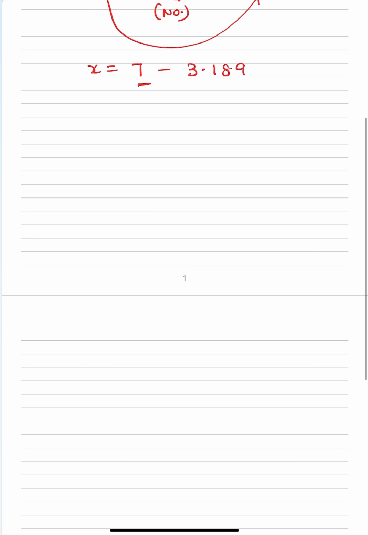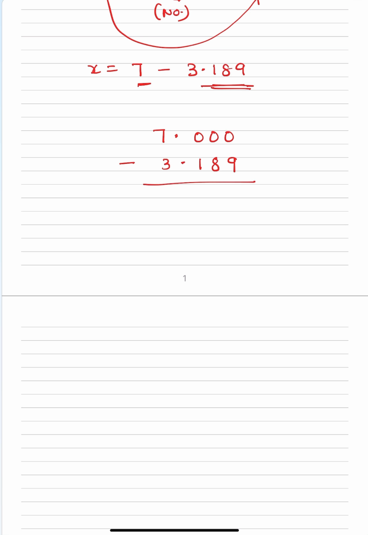Because these both numbers are unlike, we'll convert them into like decimals. So 7.12 and 3 zeros, because here we have got 3 digits after the decimal point. Now let me place this number 3.189 here. So 9, 8, 1, decimal point and 3.